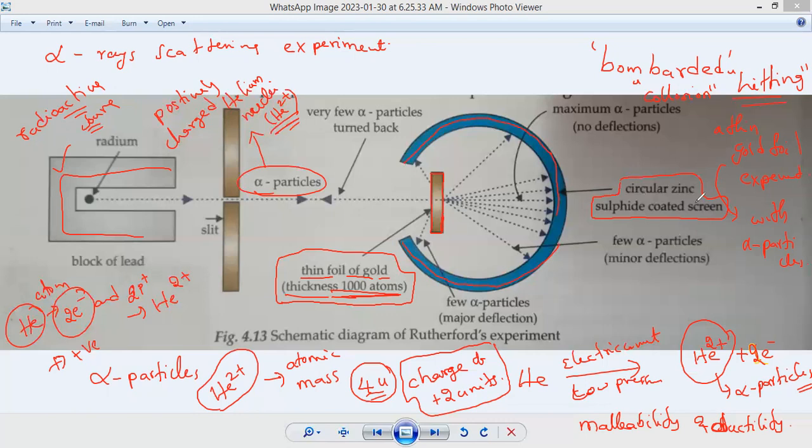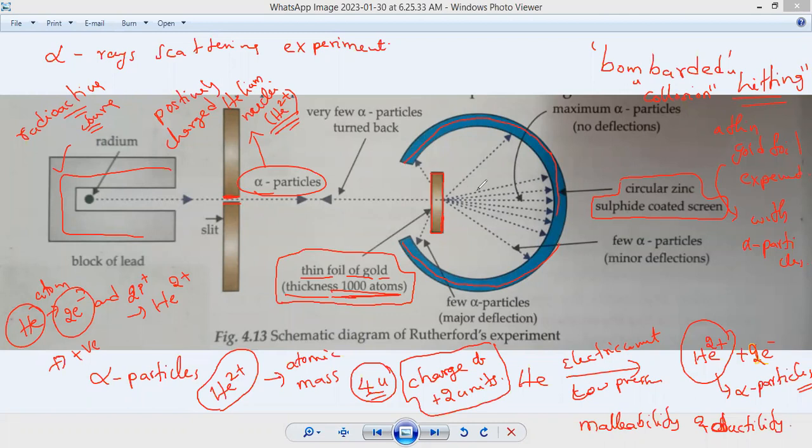So these alpha particles were first passed through the fines, a small slit you can see here. Through the small hole, he passed all the alpha particles very fast, and they hit this gold foil. Once the alpha particles bombarded the gold foil, what result did he observe?